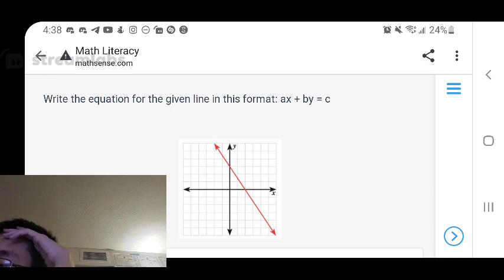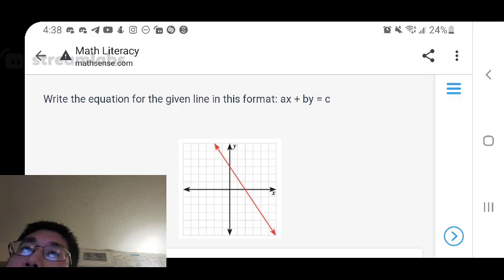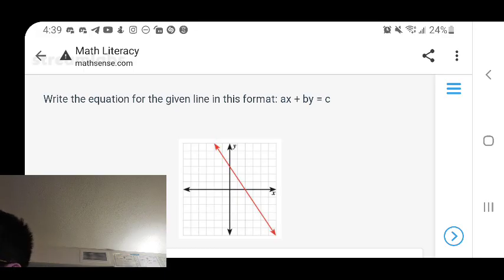So 1.5, is that what you want me to put? Okay, so let me see.